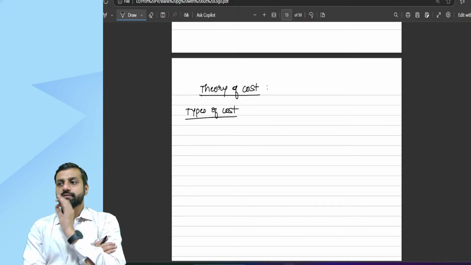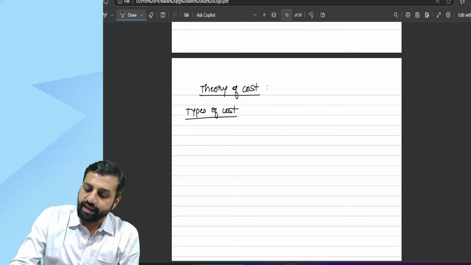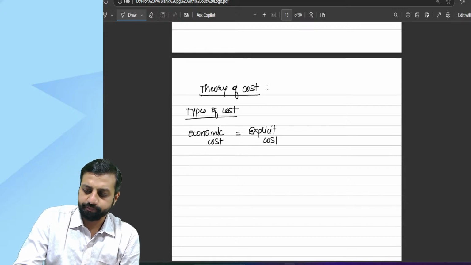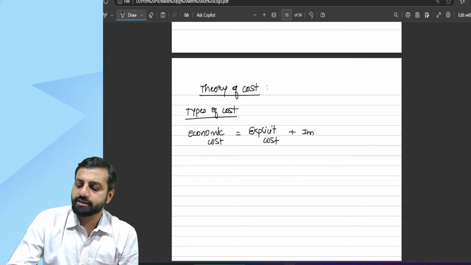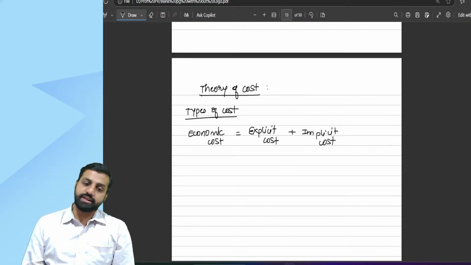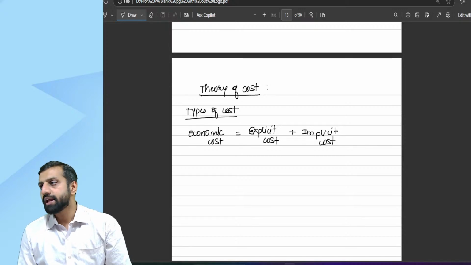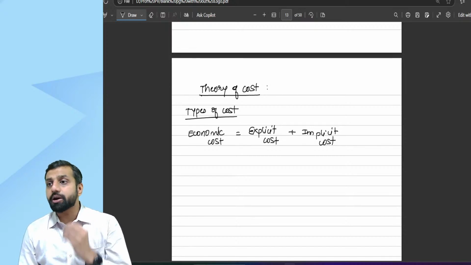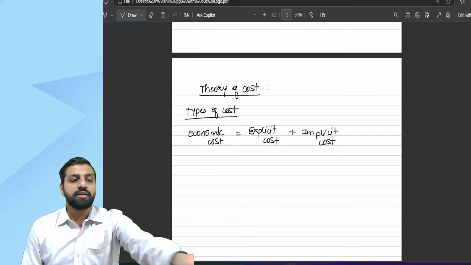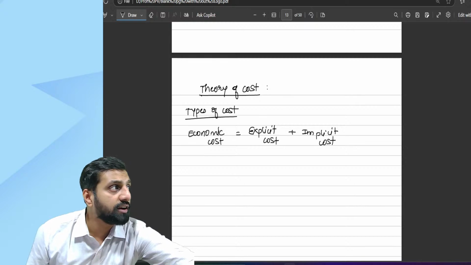Any specific one? So there is a doubt called economic cost. Surya, economic cost is equal to explicit cost plus implicit cost. Explicit cost is recorded in the books of accounts. Implicit cost is not recorded in the books of accounts. Explicit cost is for the factors of production which are hired. Implicit cost is for factors of production which are owned.